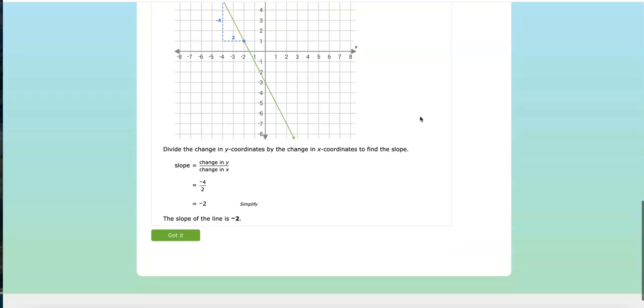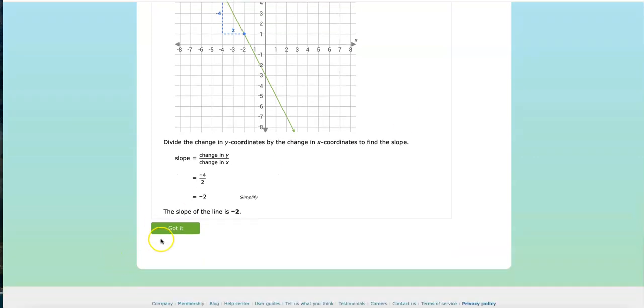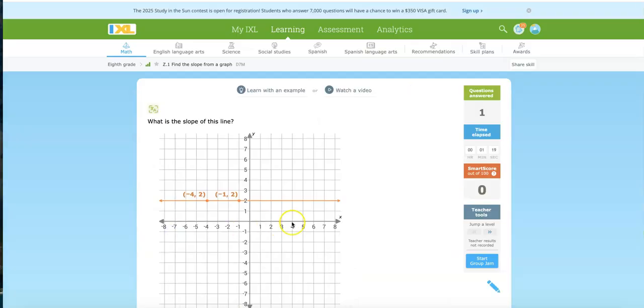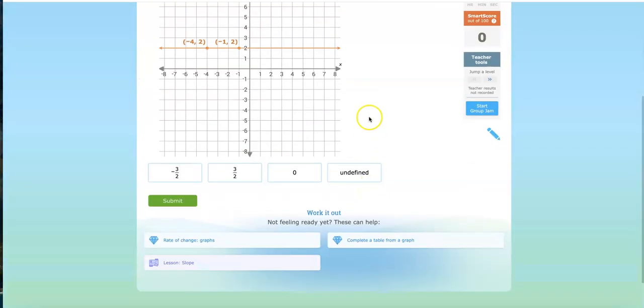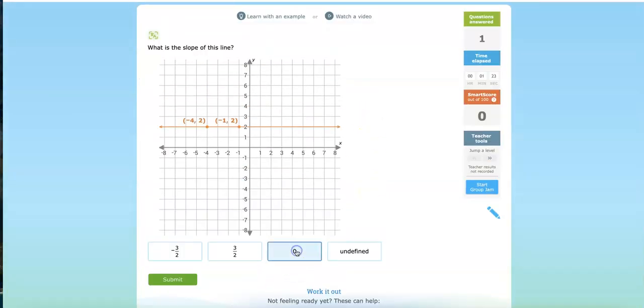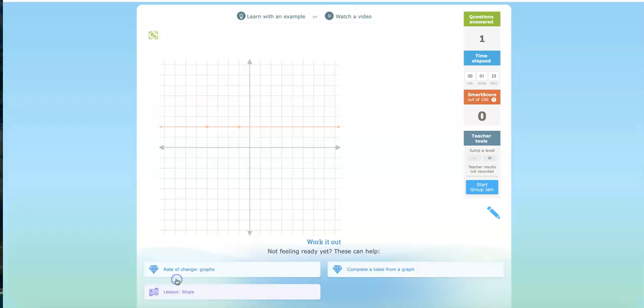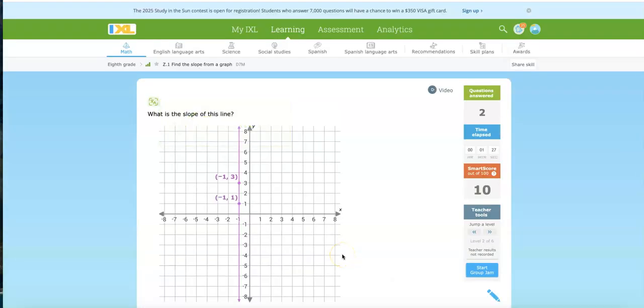Once they get this, they hit got it, and then it gives them another graph. Oh, that's 0. We know that. Now it's giving them a score, and it's telling them how many questions they've answered.